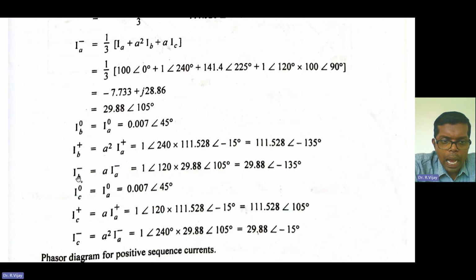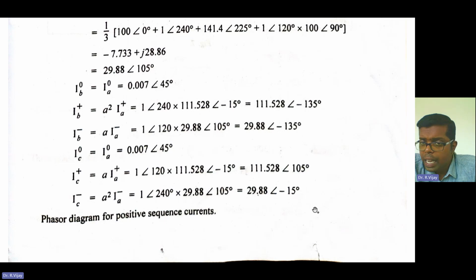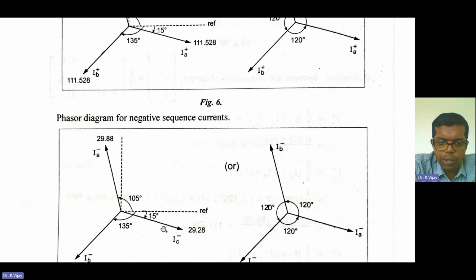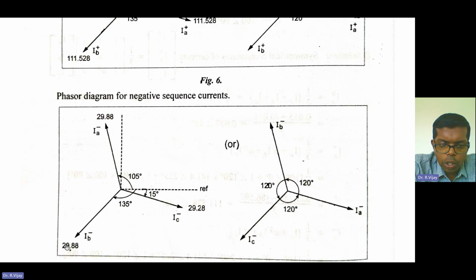What is IB negative? IB negative is 29.88 at the angle of minus 135 degrees. Minus 135 degrees means in this direction, the clockwise direction. You need to draw clockwise, minus 135 degrees from the reference. So IB negative is equal to 29.88 at minus 135 degrees.